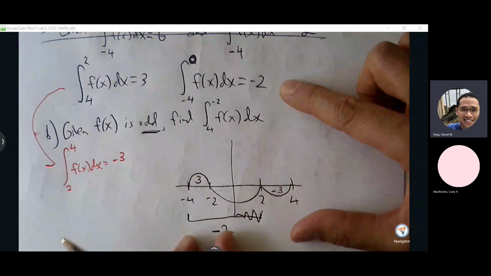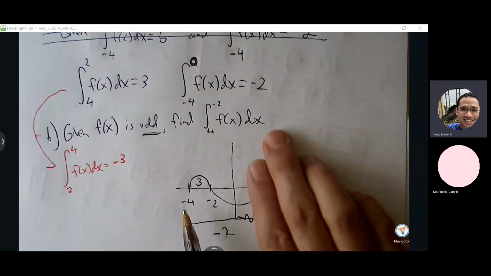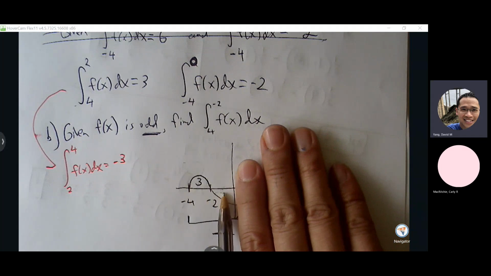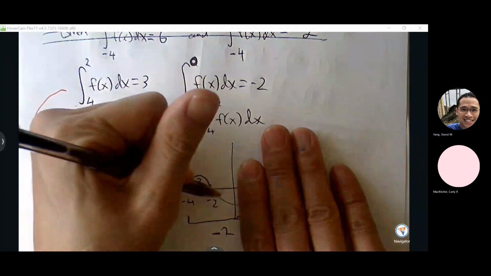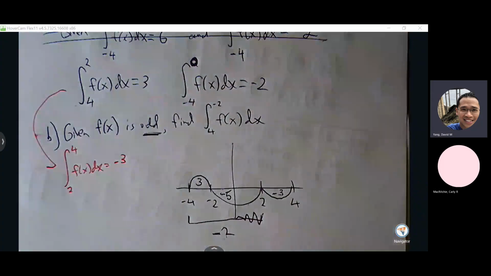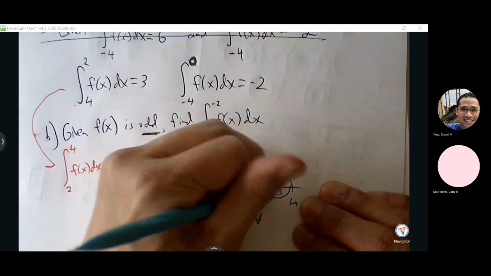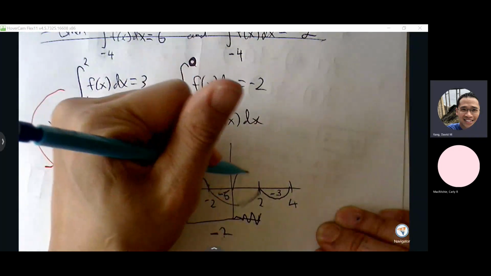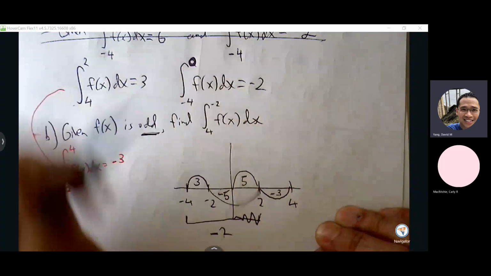So from -4 to 0, it's going to total to be -2. So this must be what? -5. And if this is -5, then this must be a +5. Okay, so that's better.